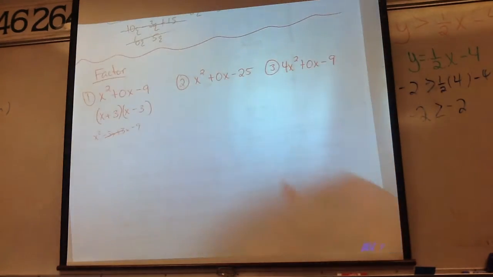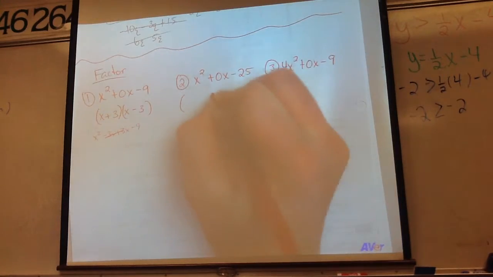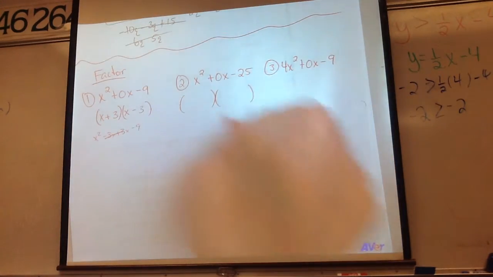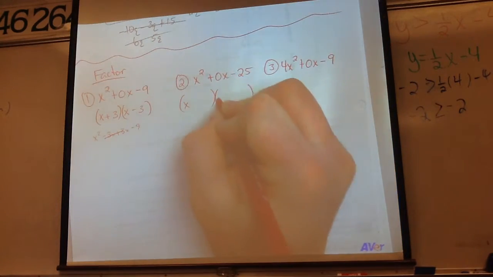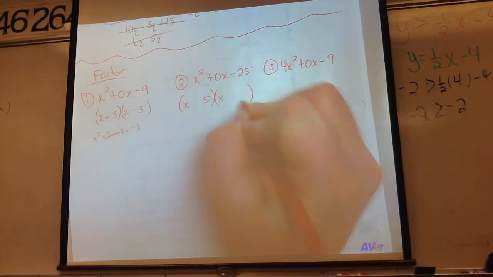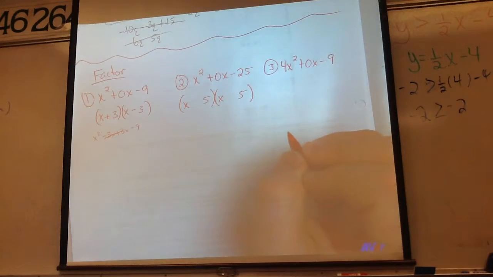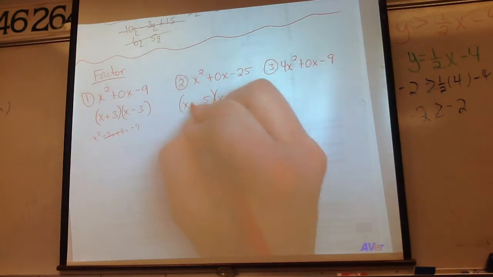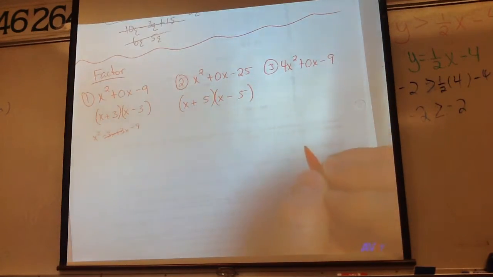Yes. How about that one? Wait. x times x. Five and five. What are the signs? One plus and one negative. Those ones always have to have a square number at the end.